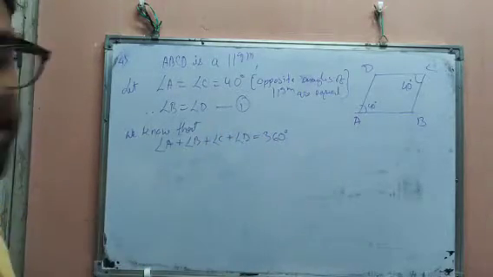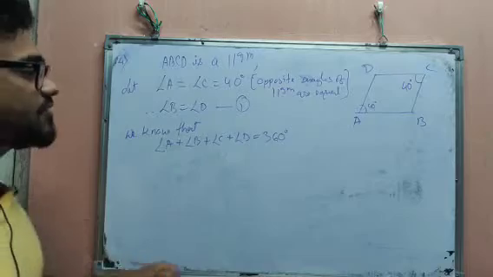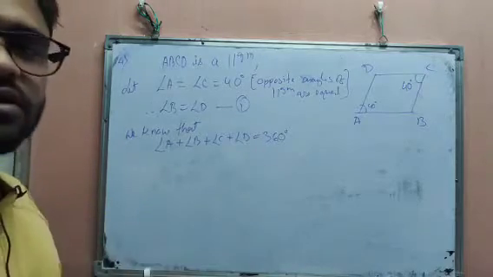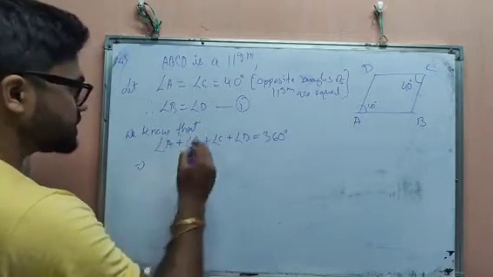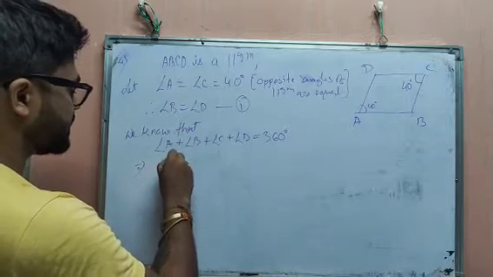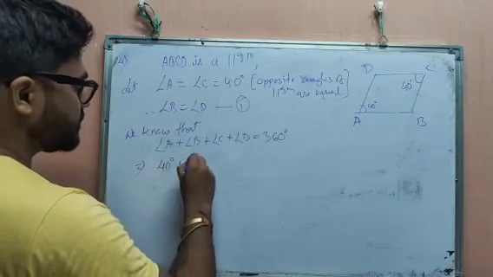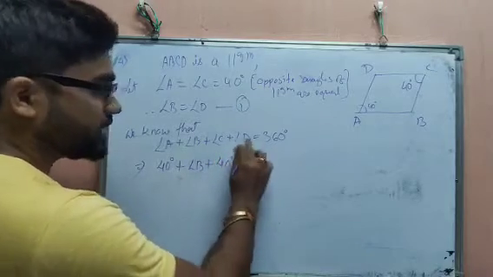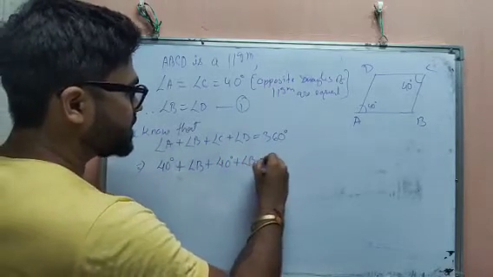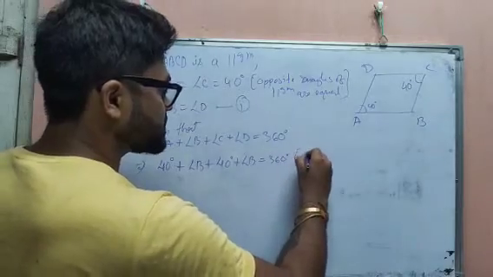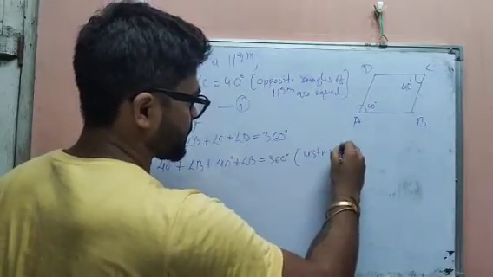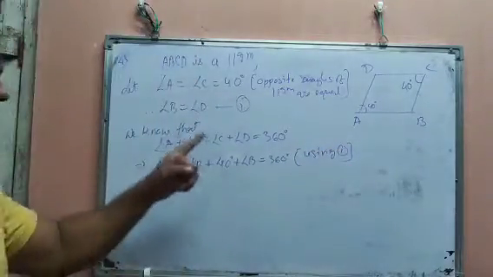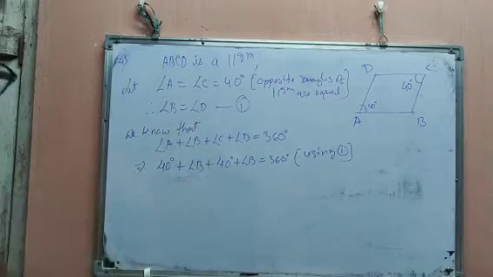Because we have learned that the interior angle sum of a quadrilateral is equal to 360 degrees. So A value 40 degree, B value we don't know, C value we got 40 degree, and in place of D you can write also B equal to 360 degree, because using 1, in place of D you can also write B.